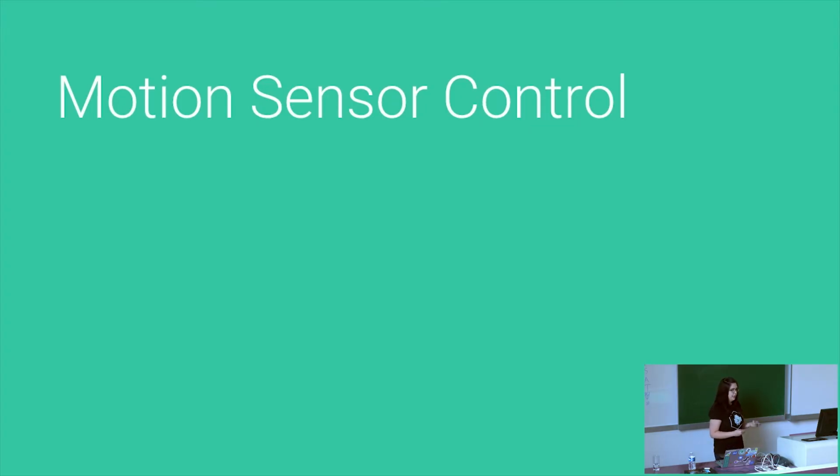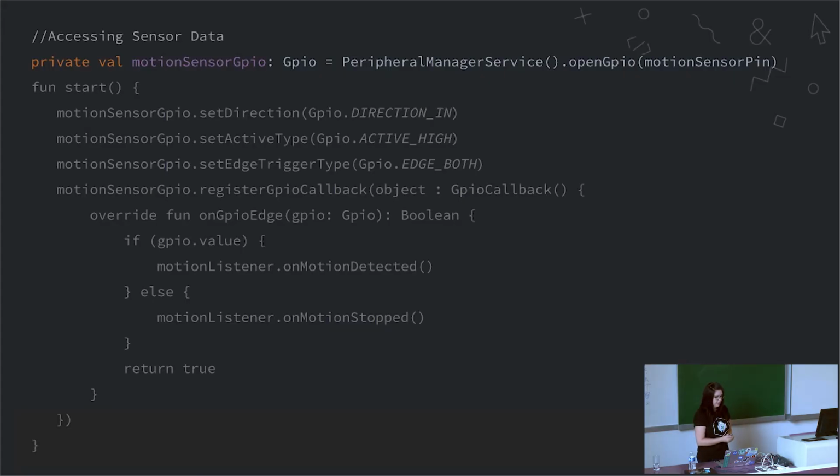Okay, so how do we actually do something with it on Android Things? In your Android Things app, what you would need to do is first define and use the Peripheral Manager service. This is something that comes with the Android Things library. You would open up the GPIO pin. That open GPIO is the method that you would need to use.